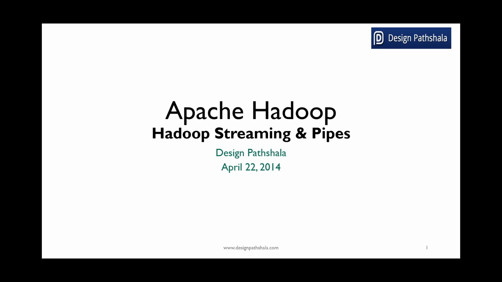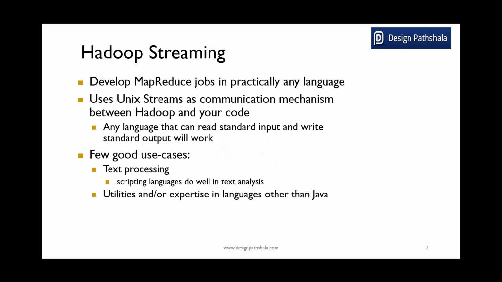So rather than creating your mapper and reducer in Java, you can use any scripting language like Python, Ruby to create your mappers and reducers. How that is done, let's look into that.